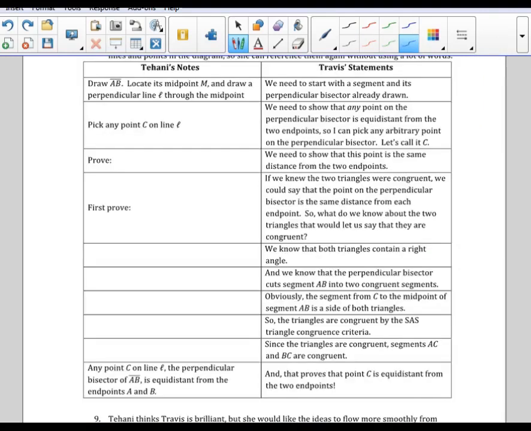So in 8, we just formalized our thinking into what looks like a two-column proof, which I'm going to show you in a moment. But we were trying to prove that line segment AC was congruent to line segment BC. And we first had to prove that triangle AMC was congruent to triangle BMC.